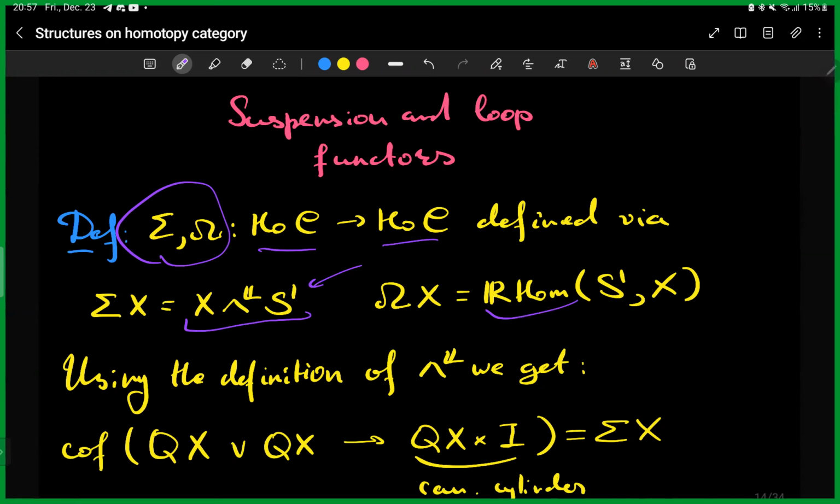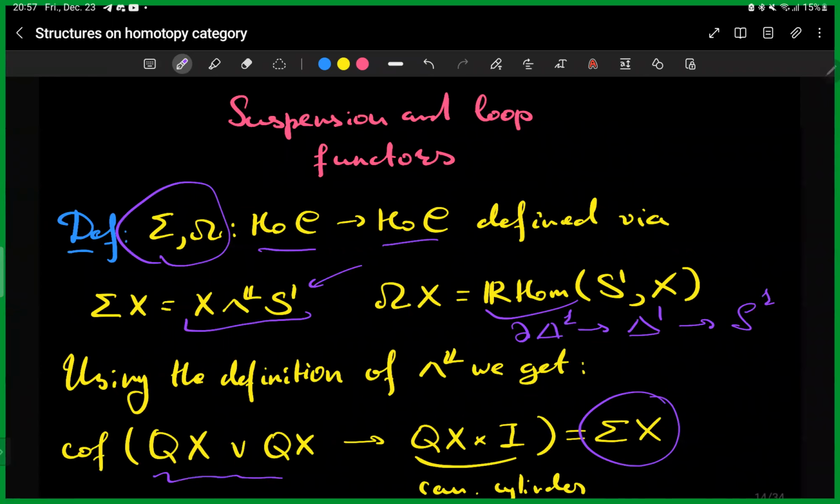So using the definition of the derived smash product, and the way the minimal model of S1 is constructed in simplicial sets, that's just the pushout of the map from the boundary of the one simplex into the one simplex, we get that the suspension is the cofiber of the following map.